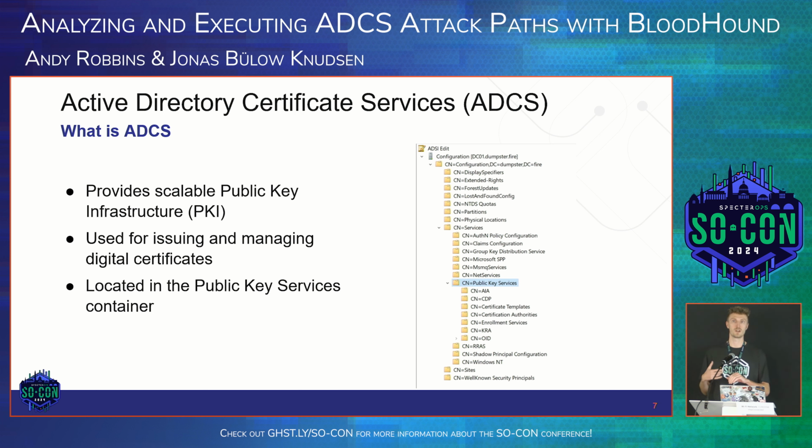Your regular users and groups and computers in Active Directory are located in the domain naming context, whereas the ADCS stuff is located in the configuration naming context. And this naming context is a forest-wide partition. So that means when you install ADCS in an environment, it is a forest-wide thing. You cannot just install it so that only the users from that domain will be able to use it. You are able to use it from anywhere in the forest.